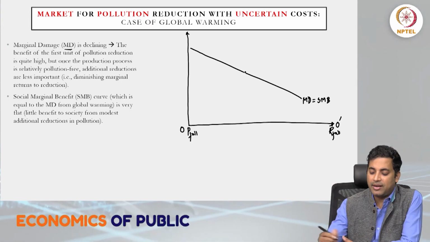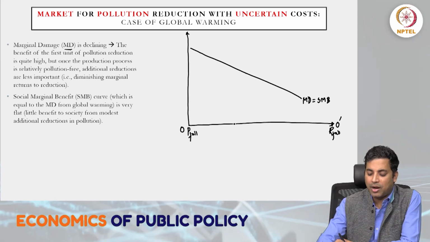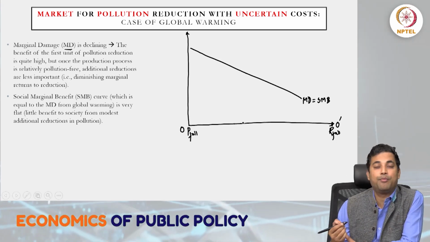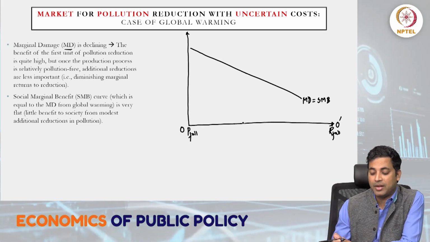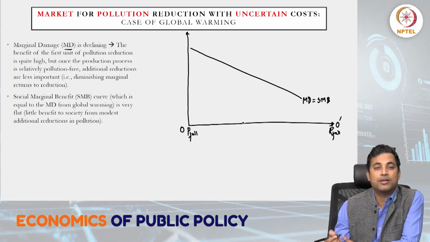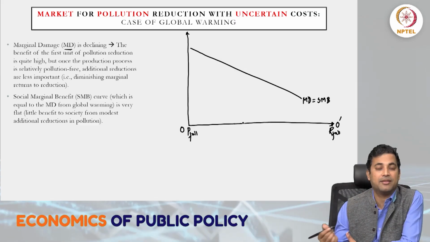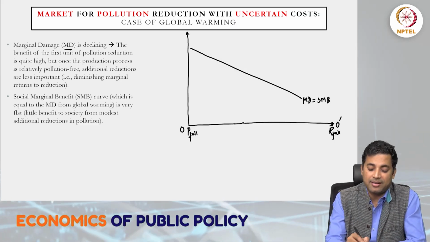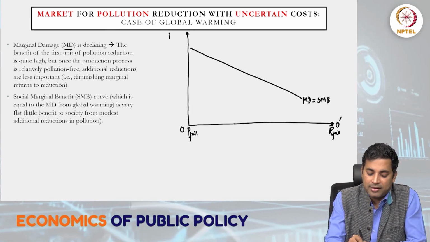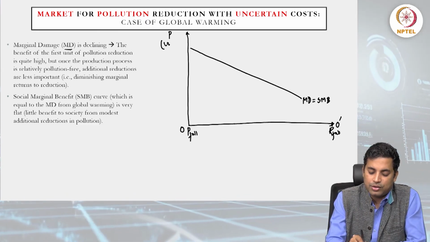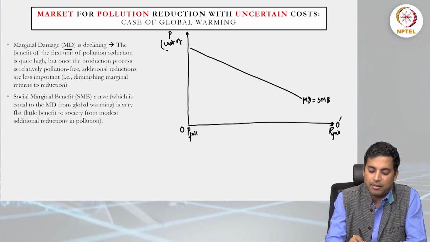So in this particular case, if we want to reduce one unit of pollution, then the cost is very little. That is why it is flat. On the vertical axis, we can say the price is basically the cost of pollution.